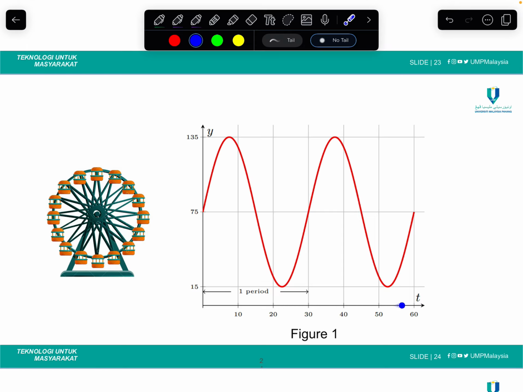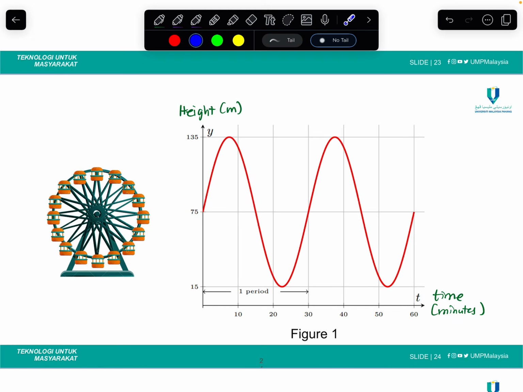The horizontal line represents t, which is time, and the y-axis, the vertical line, represents the height, ketinggian. Height is in meters, and this one is time in minutes.